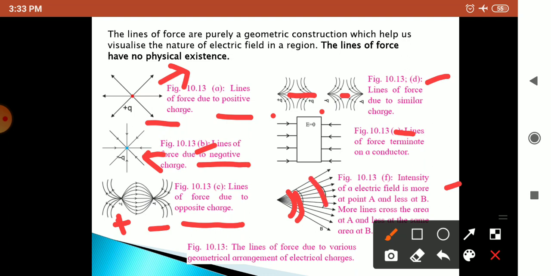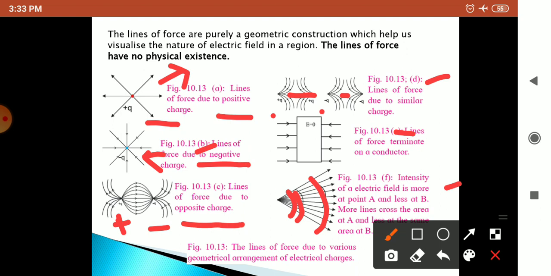As area increases, the lines of force get separated and widely spaced from each other, so intensity is small. So these are the diagrams of lines of force due to various geometrical arrangements of electric charges.